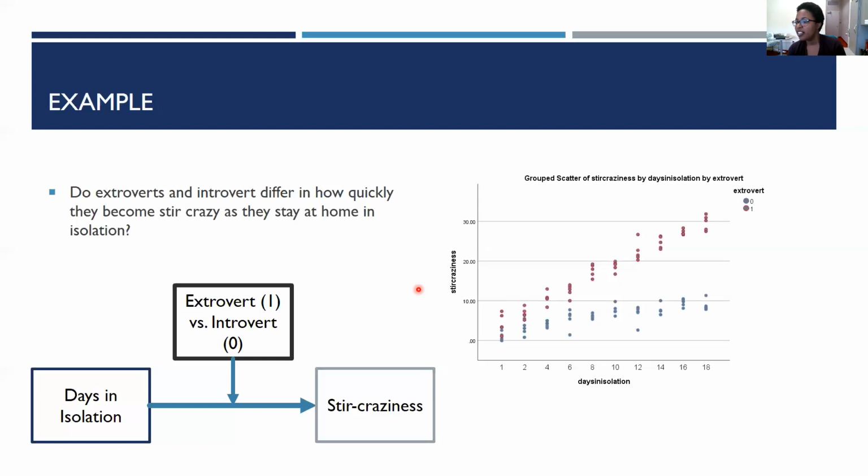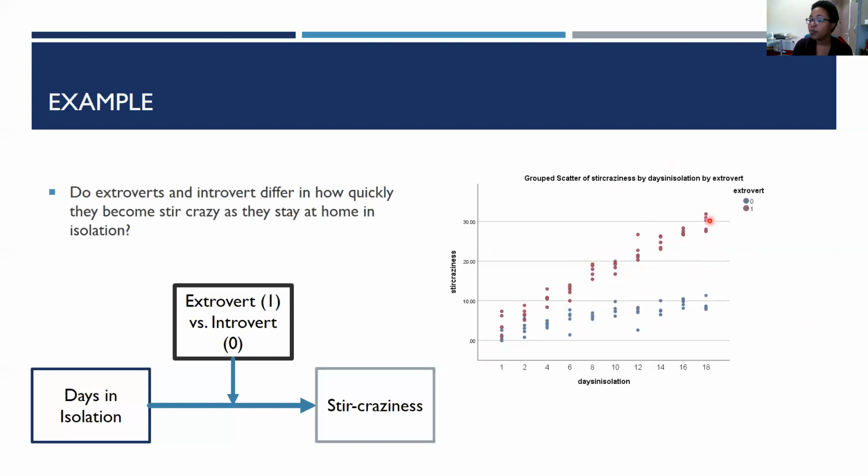So what you can look at in this chart right here is, first, the overall scatter plot. If there were no colored dots on this plot, we would say that, okay, it seems like in general, the more you're in isolation, the more stir crazy you get.